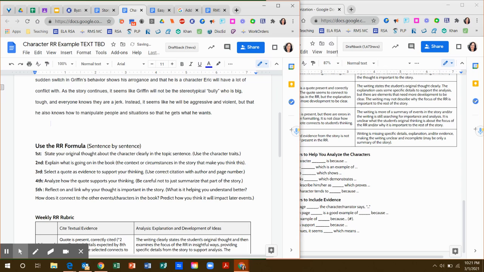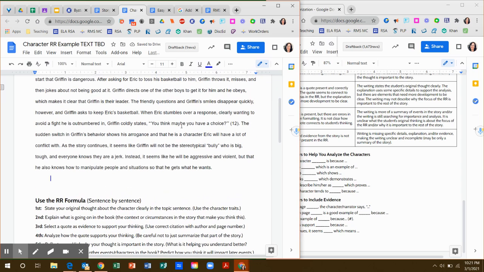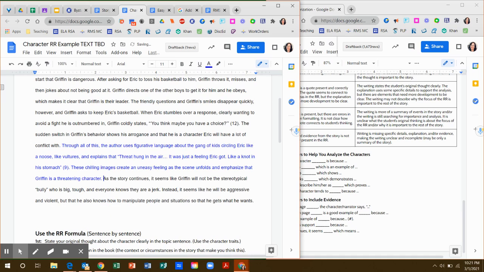So here's my example of how to do that. I'm going to come in after this and I'm going to paste that right in there. So here's how you can get a second example into the same paragraph. I stated that Griffin's behavior shows his arrogance, right? And that he's a character Eric will have a lot of conflict with.